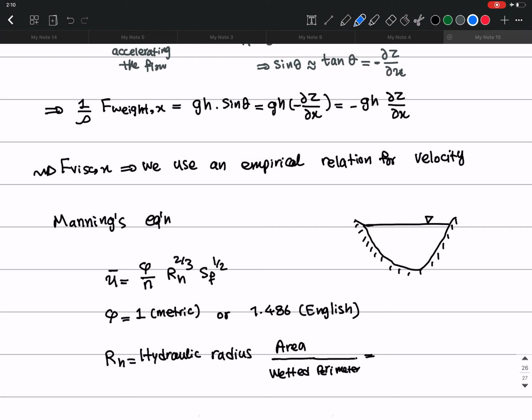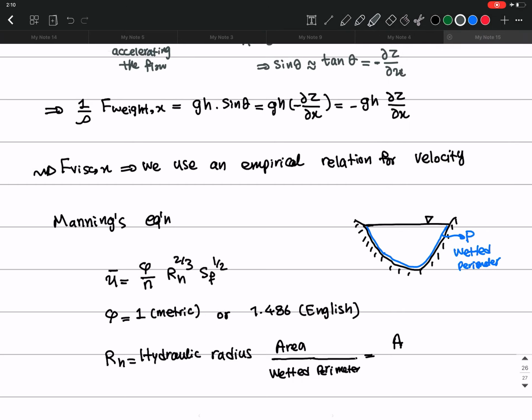What is wetted perimeter? Wetted perimeter is how much of that channel is wet. So this is going to be here. This is P, which is wetted perimeter. So radius, and the area is just this, right?